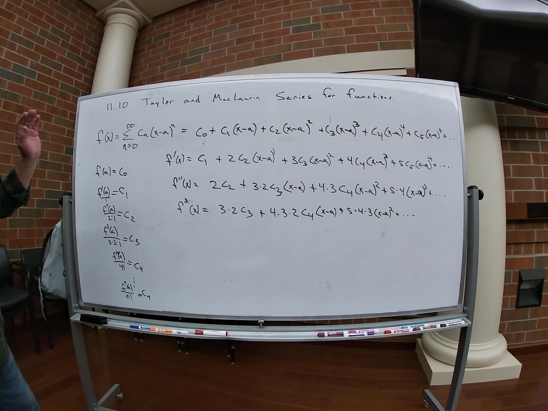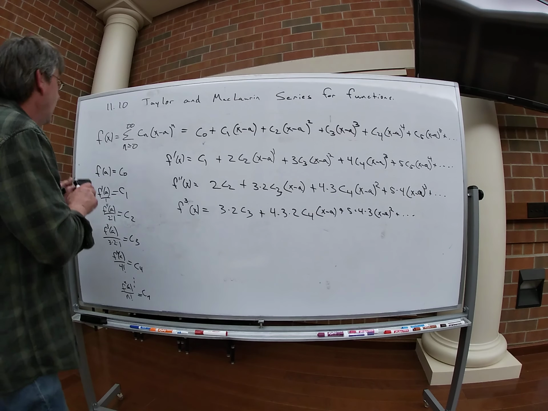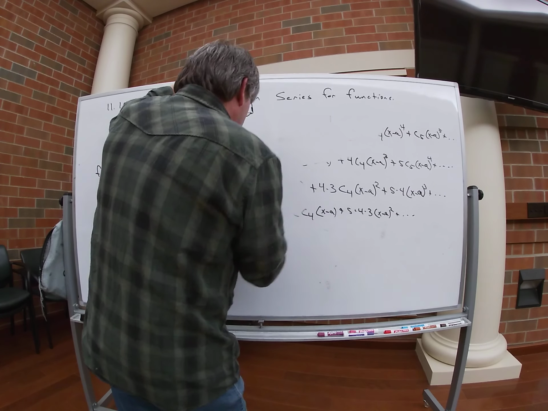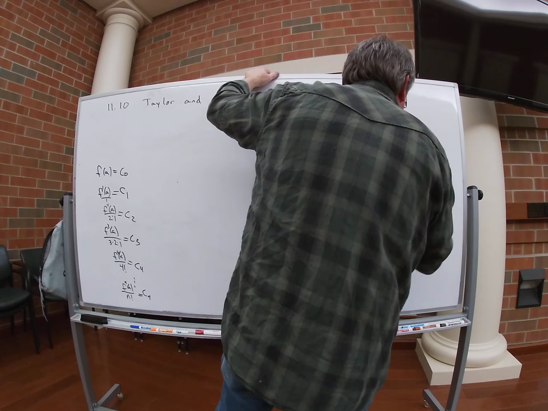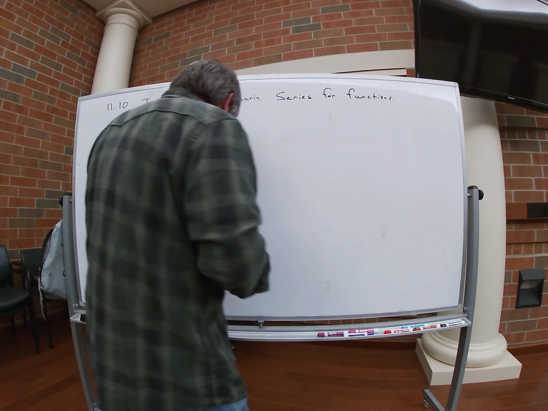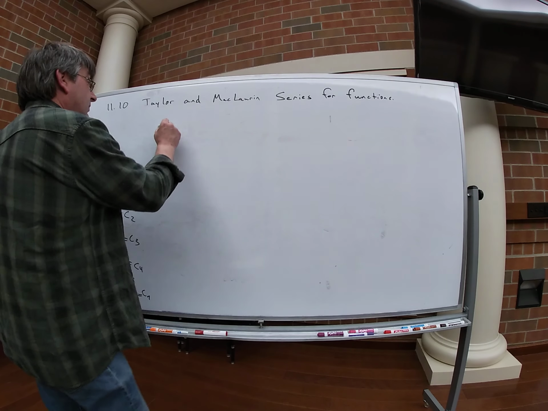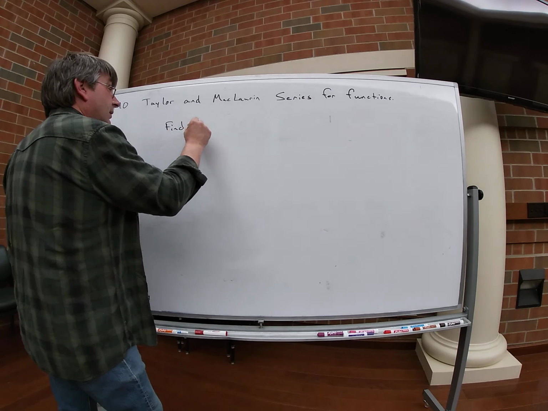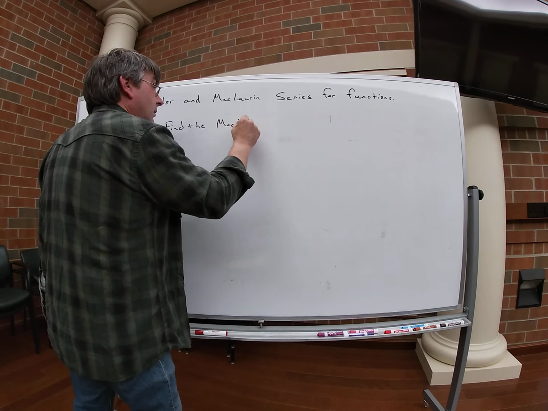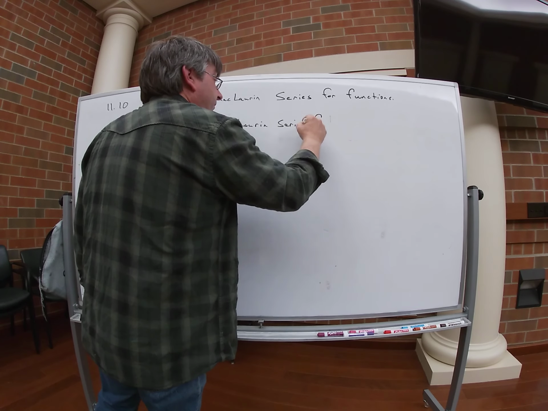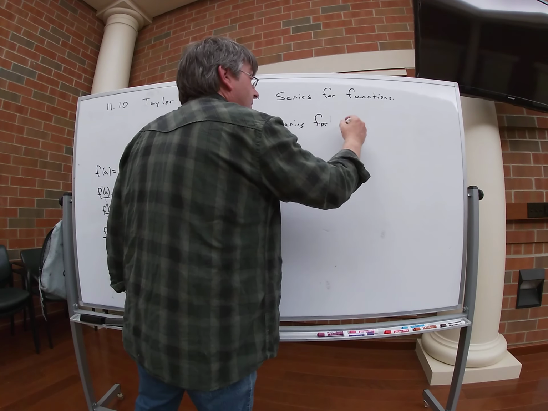Okay. My favorite function to differentiate infinitely many times is the exponential function. So actually I'm going to look at a Maclaurin series. We'll do one centered at 0 for the exponential function. So the game is, what are the coefficients? Let's come up with the coefficients. So let's find the Maclaurin series for f of x equal to e to the x.